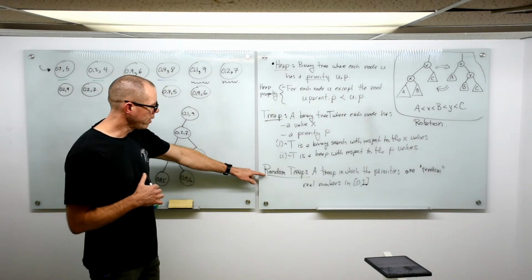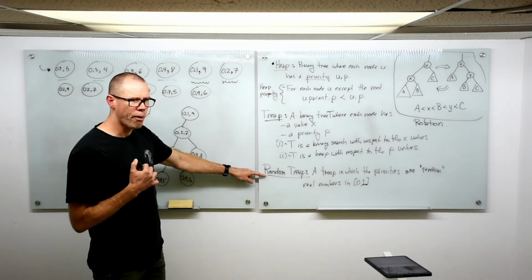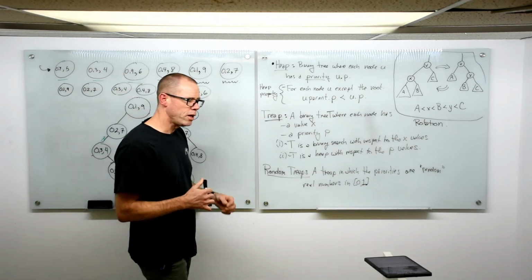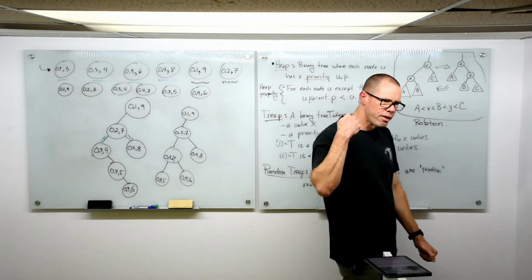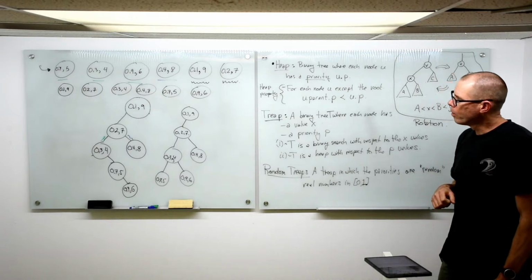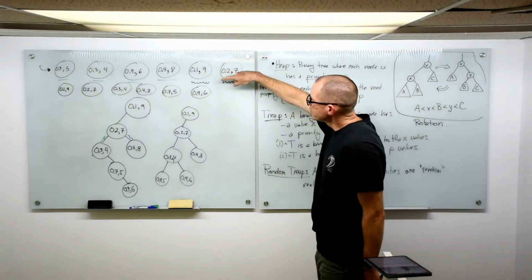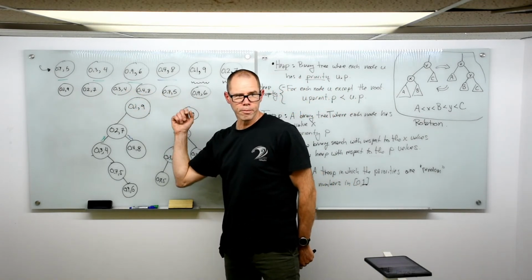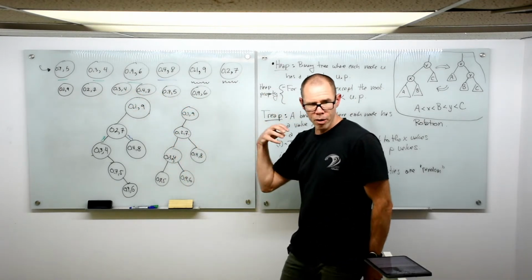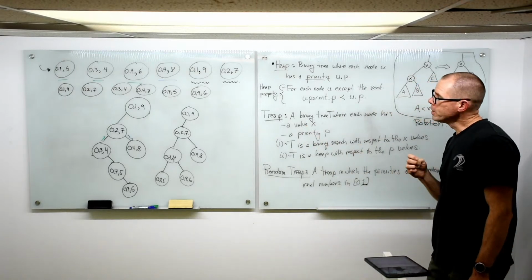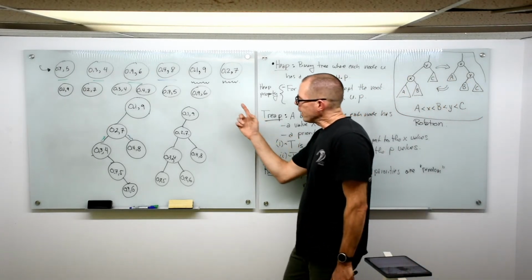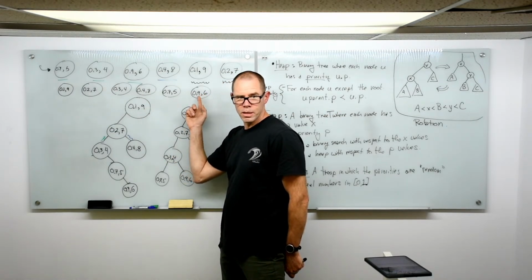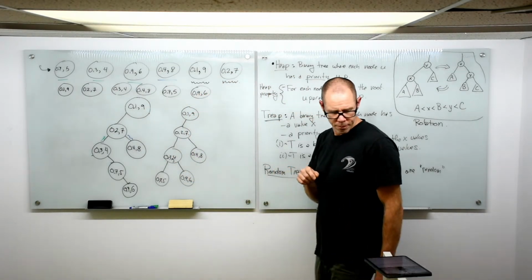But wait a minute, if a random treap is when you give random priorities, and a random binary search tree is what happens when you add things in a random order, well, if I give random priorities to these things and then I sort by priority, that means the keys are in random order, right? So if the priorities are truly random, that means when I sort them, I'm equally likely to get any permutation of the keys, which means it's a random permutation of the keys.